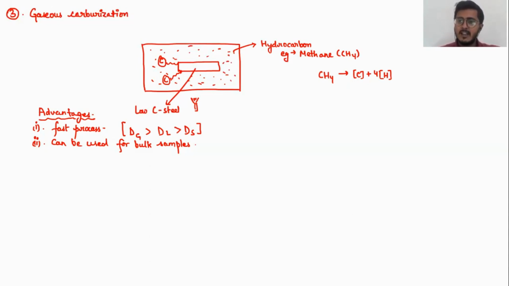So it is much easier to control. We will be seeing the Le Chatelier principle ahead. Just to give you a basic understanding, with changes in the pressure, we can adjust the rate of the reaction. So these are some basic advantages of gaseous carburization as compared to the others.